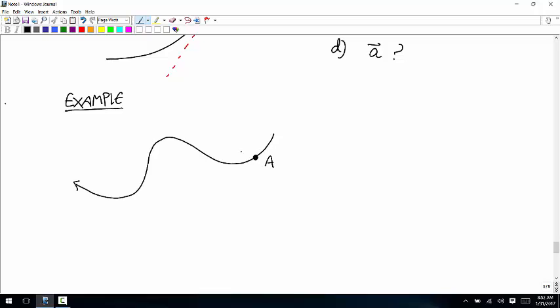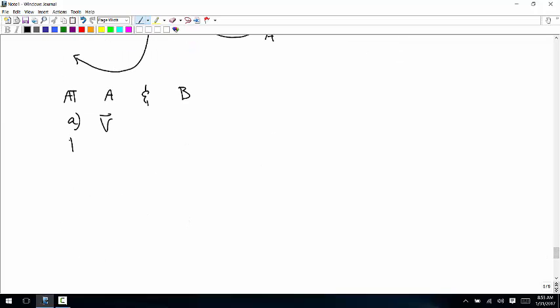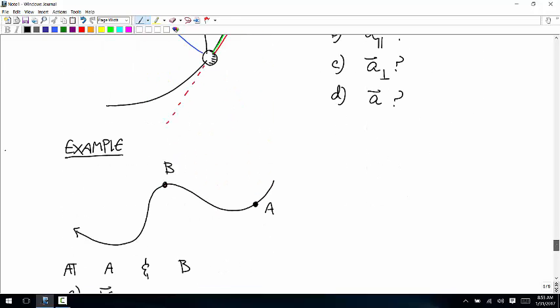Let's say this is the point A. This is the point B. At each of these two points, draw the velocity vector direction, the A parallel direction, the A perpendicular direction, and the total acceleration. And let's say that it's slowing down the whole time.